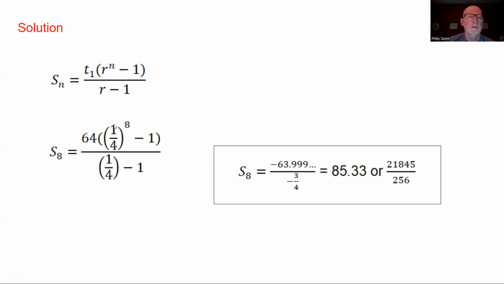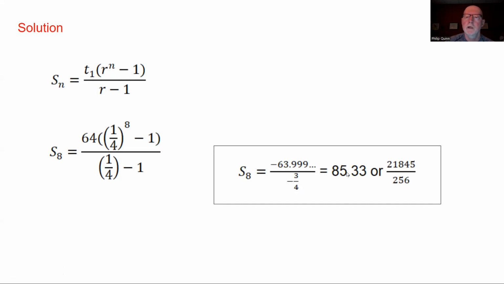So with our calculations, if you go to your calculator, go a quarter to the 8th and then minus 1. So we'll do the parts in brackets first. We multiply by 64. We should get this number right here, negative 63.999 repeating. A quarter minus 1 would be the same as a quarter minus 4 quarters, which would be negative 3 quarters.